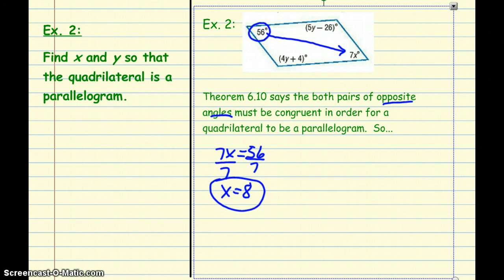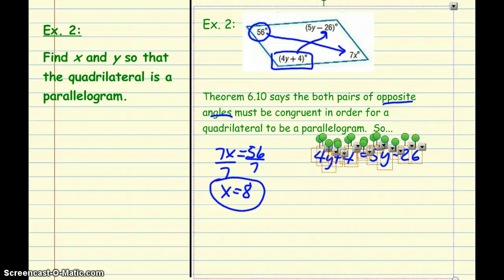Okay, and then we can do the same thing for the other two angles, and we can say that 4y plus 4 equals 5y minus 26.